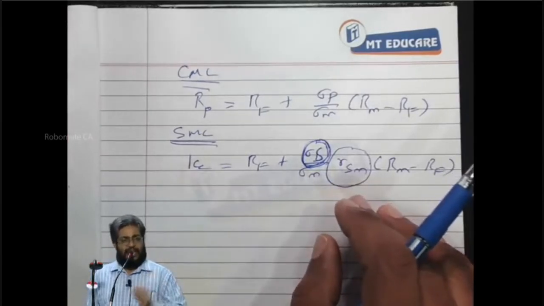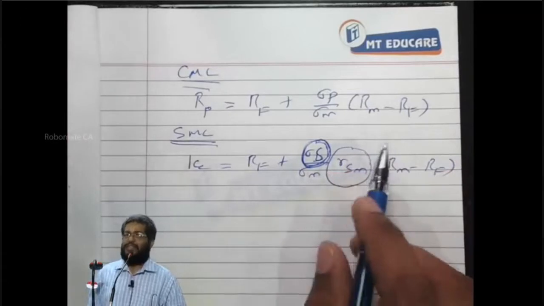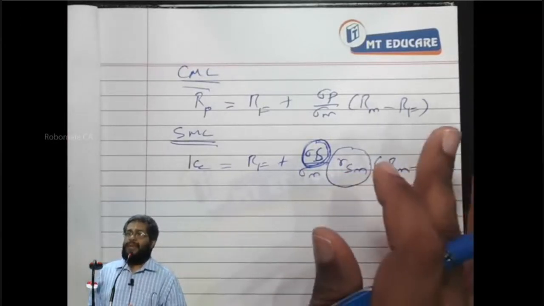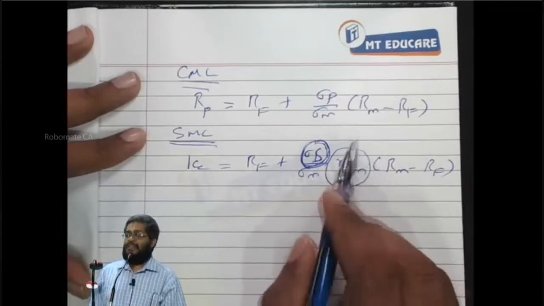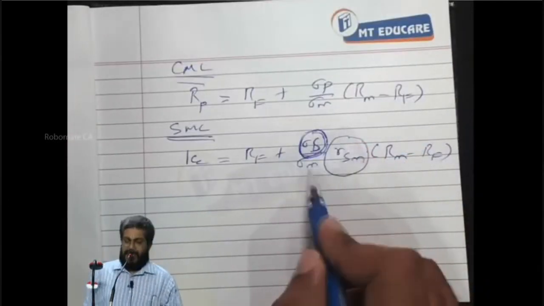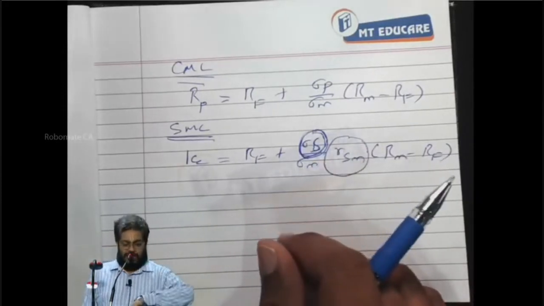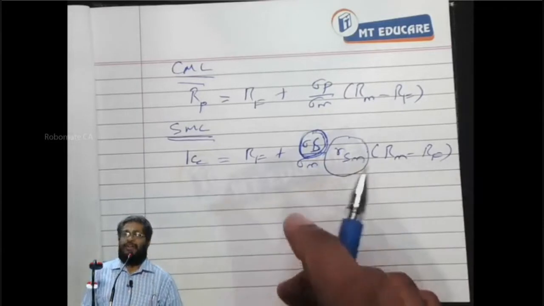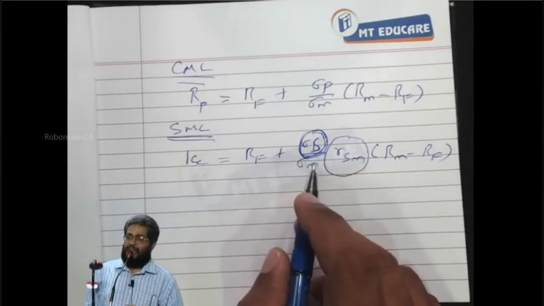Everybody, are you understanding or not? CAPM states that an investor should ask for a risk premium only for what risk? Systematic risk.